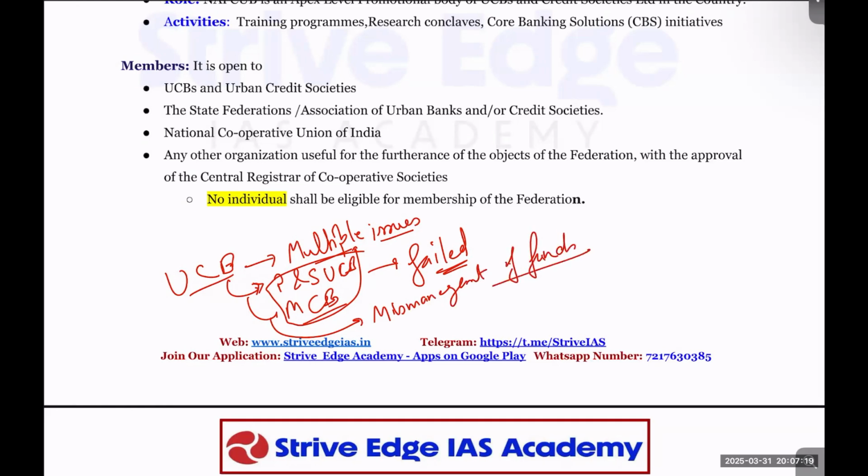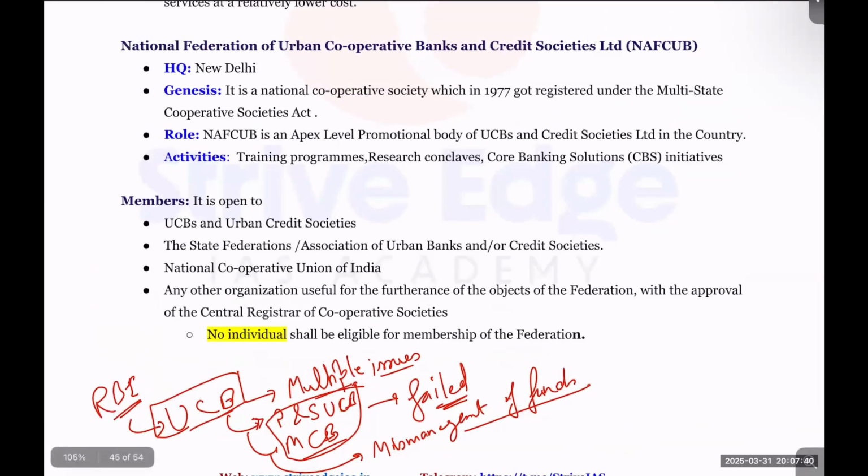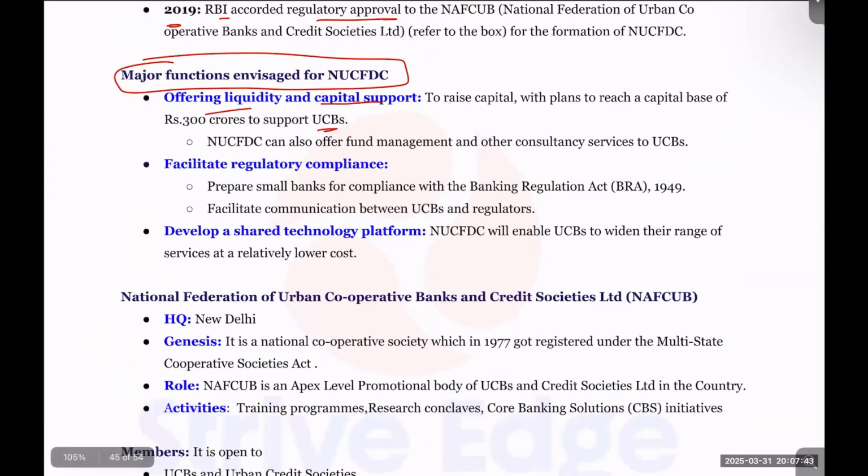So the need was felt that for proper regulation of urban cooperative banks, there should be one umbrella organization, and they should come under the direct purview of the RBI. Many reforms were taken, and one of the most important is the formation of this umbrella organization.